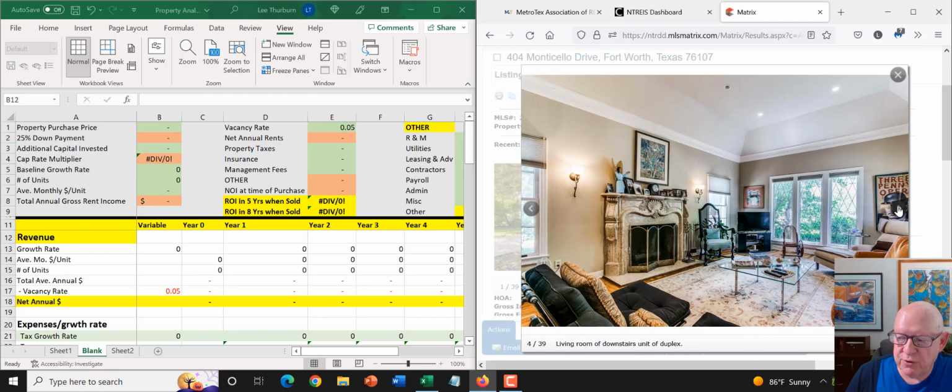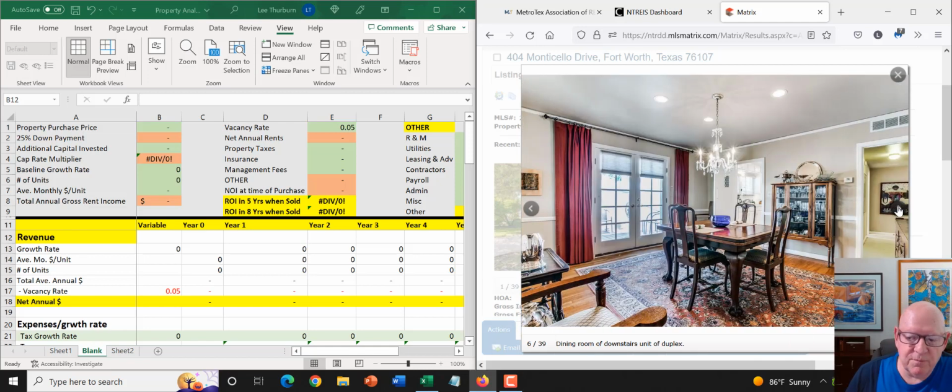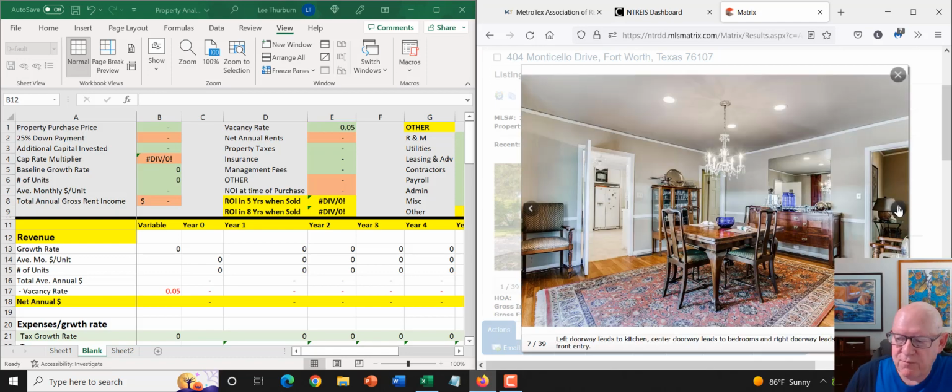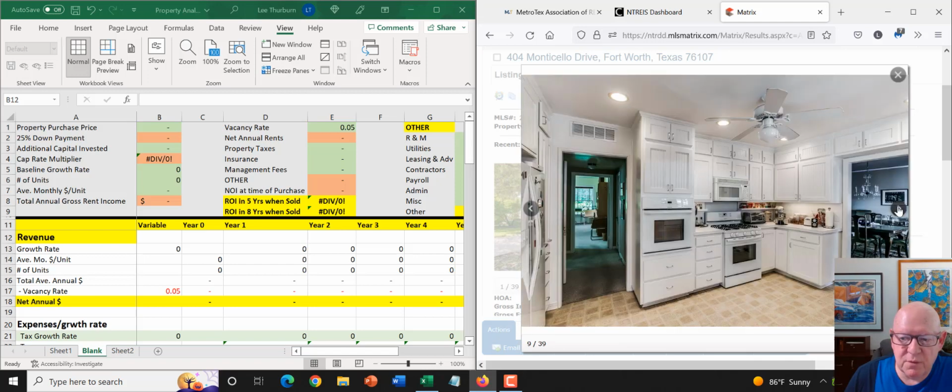Here are some interior shots. As you can see, of course, the furniture makes it look really beautiful, but you look at the building itself, it's a very nice building. It's got great fit and finish for the property.